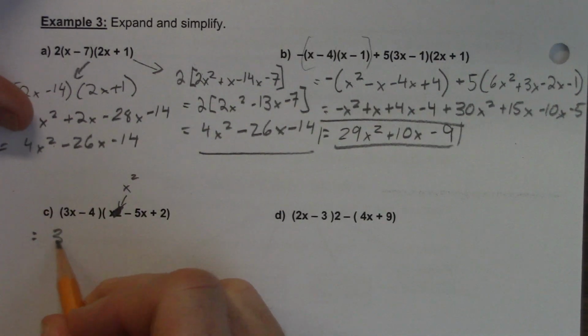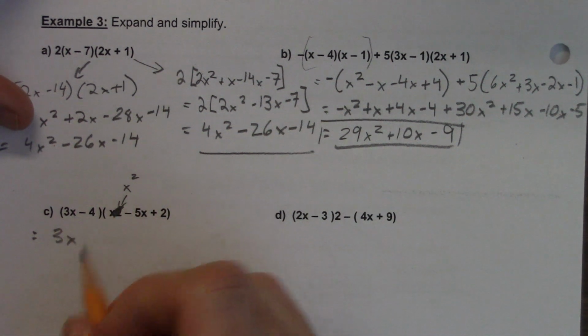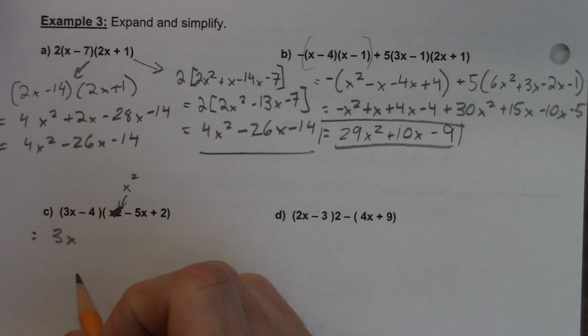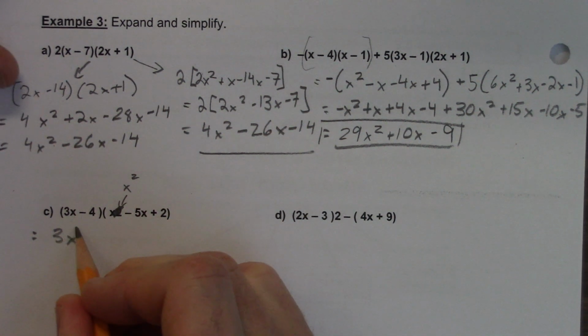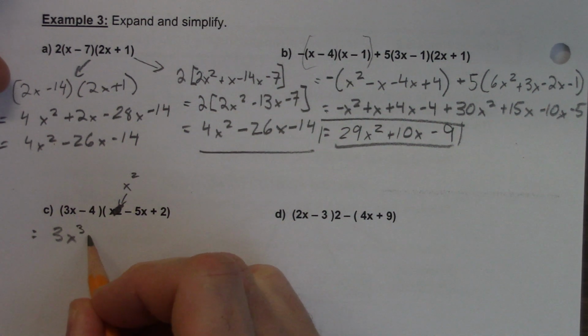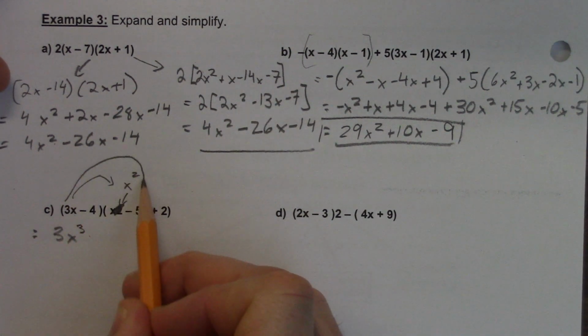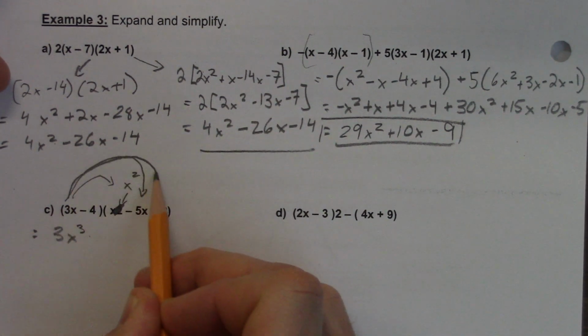3x times x squared. Mm-hmm. So what is that? 3x cubed. Yep. And then you do -4. Nope. You can do 3x times all three of these terms first.